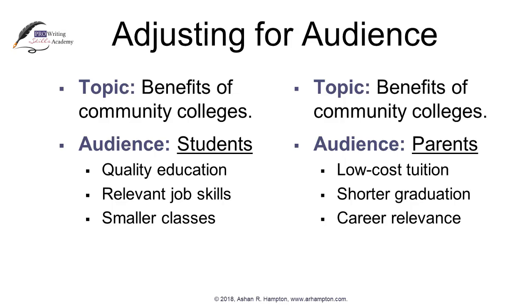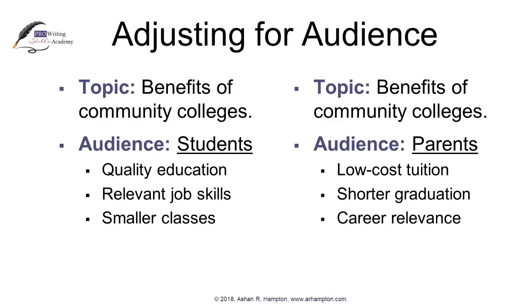Now, on the other hand, if you take this same topic, the benefits of community colleges, but your audience changes to parents, then what you talk to them about, what you write about will also change. Parents are interested in money, so you might want to talk about the low cost tuition, shorter graduation time, meaning their child could graduate in 2 years rather than 4, career relevance.